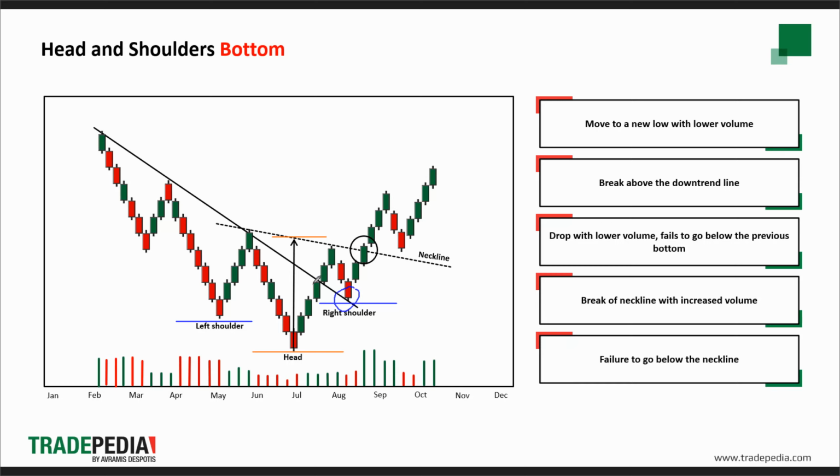You just take from the head to the neckline, just one straight line, and you project it from the point of breakout. It should be the same distance. So that is the TP, the take profit target for the head and shoulders pattern.